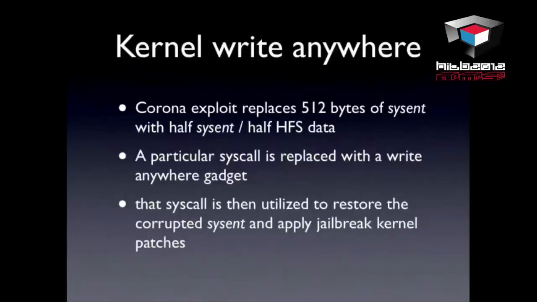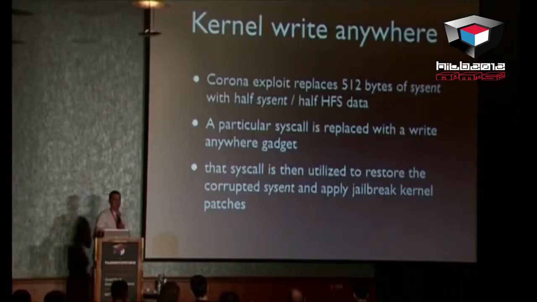Then we have replaced a particular syscall with a write anywhere gadget, and that write anywhere syscall we have created is then utilized to restore the corrupted sysend and apply the jailbreak kernel patches.